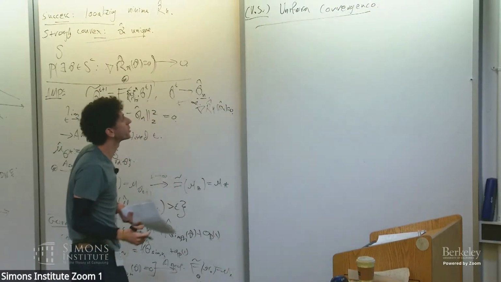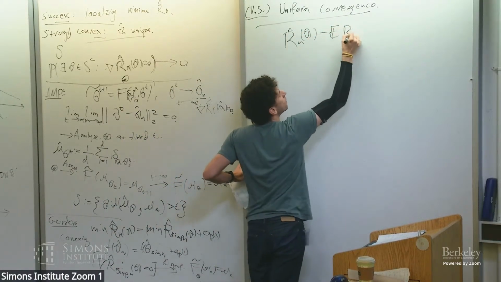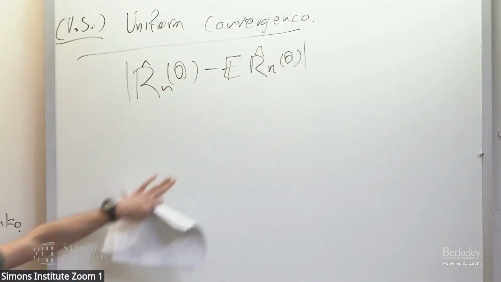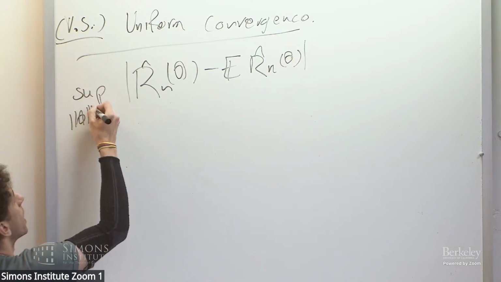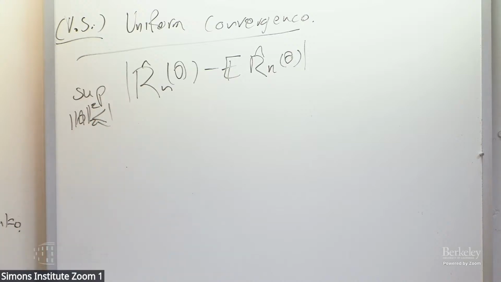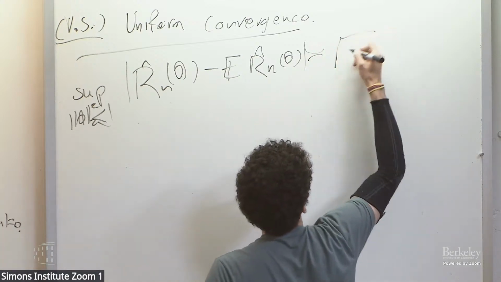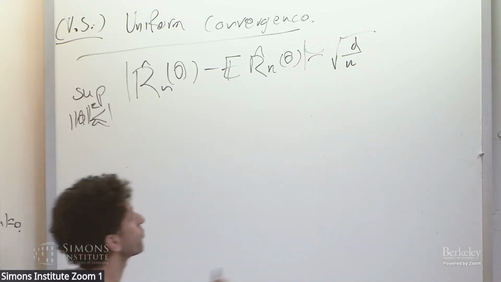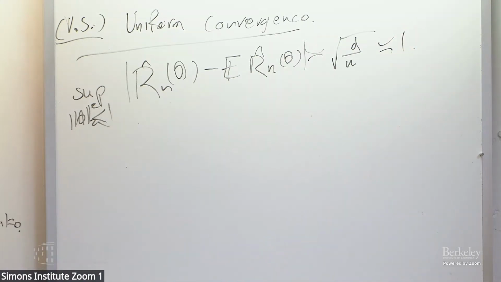In uniform convergence, the quantity that you want to look at is something like this: the population risk, and you bound the supremum over theta in some function class, and let's say the function class is just an L2 ball. If I look at the VC dimension here, the bound you get is of the order root d over n, which in this regime is order 1, because I'm assuming that d over n goes to alpha, or n over d goes to alpha.